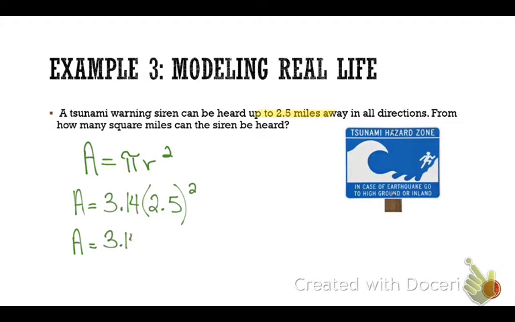So 3.14 times 6.25 gives me the approximate coverage. It's about 19.625 miles squared. All right, now your book rounds this up to 20.